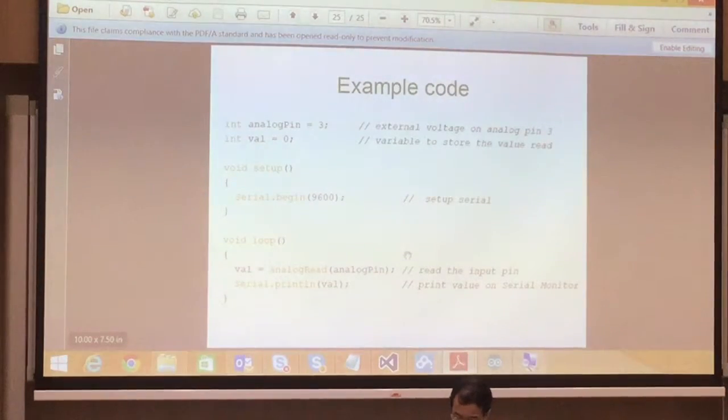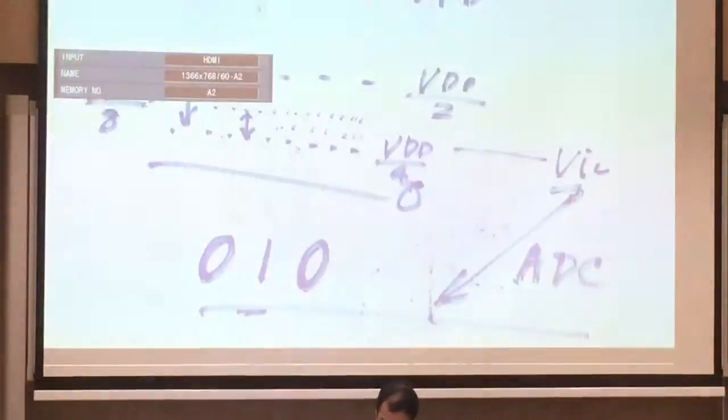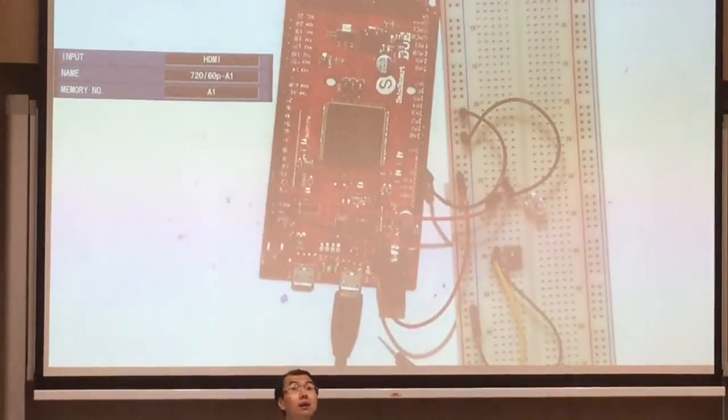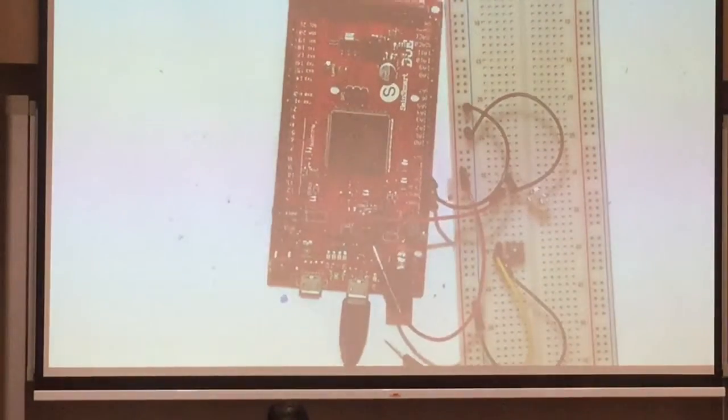How do you use the ADC? Actually, it's very simple. I think some of you have seen the Arduino board before.